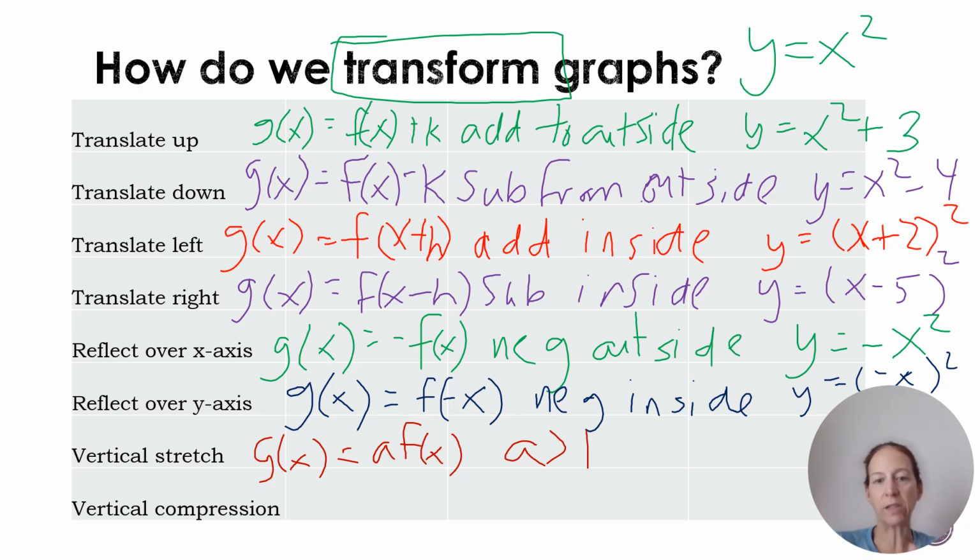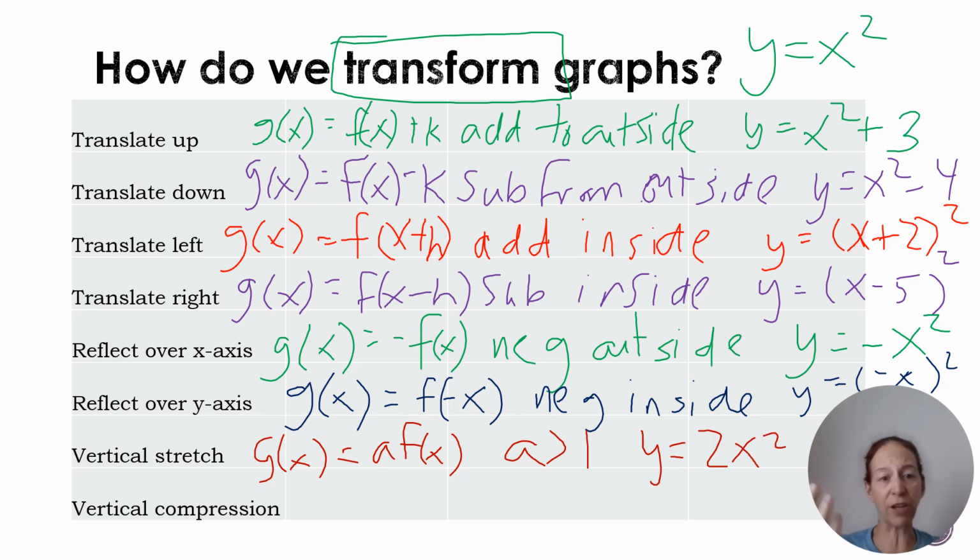That's y equals 1x squared. So if the number is greater than 1, it's going to stretch it out. You could think of it as making the slope steeper. That's not a wrong way to think of it. It's a little bit rough around the edges, but it went from a gradual slope to a steeper slope because you're pulling it upward. An example might be something like this: y equals 2x squared.